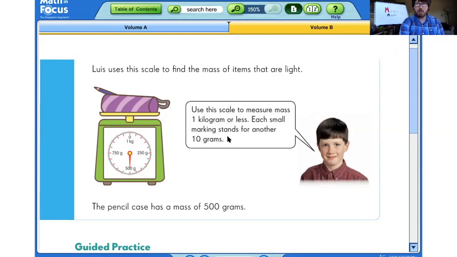Each of these small markings stands for 10 grams. So if we look at the scale, it is pointing at, go ahead and shout out, 500 grams. This pencil case has a mass, or its weight, of 500 grams.